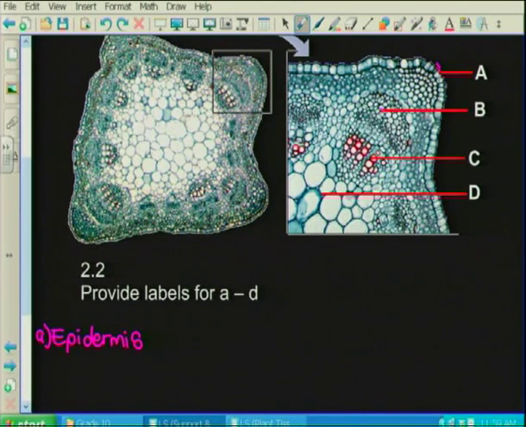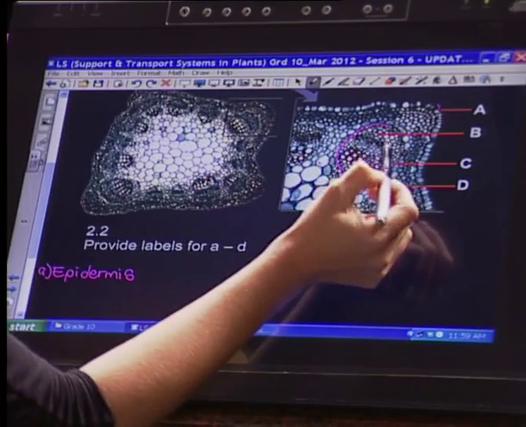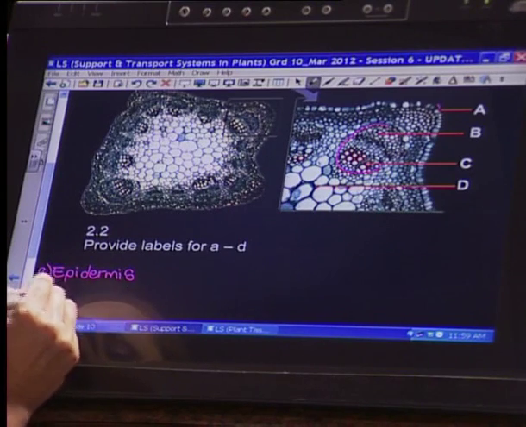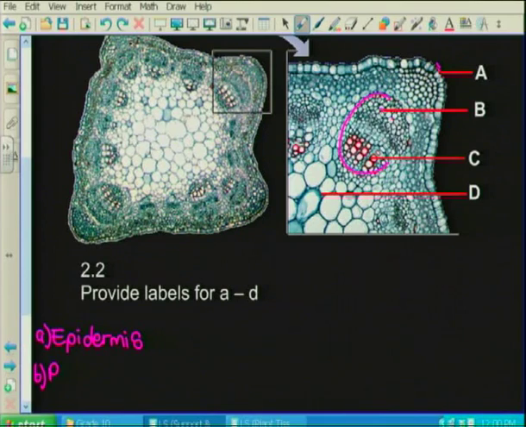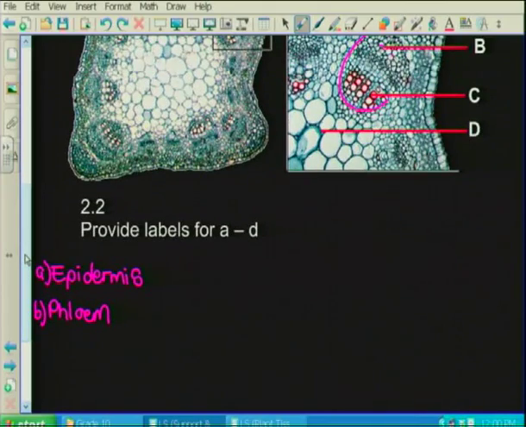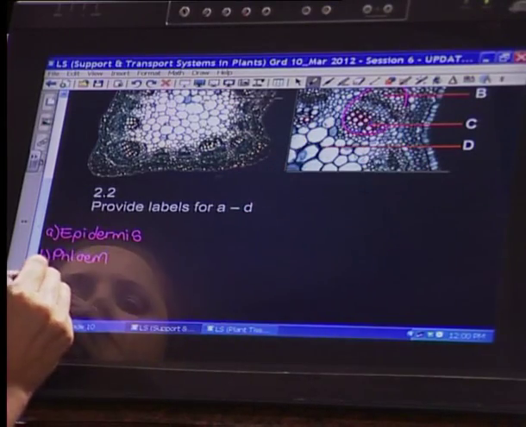B is there, and if you look, this is one of your vascular bundles, and these are the cells there, so this would be your phloem. C there is still in your vascular bundle, it is that area there, and this would be your xylem.